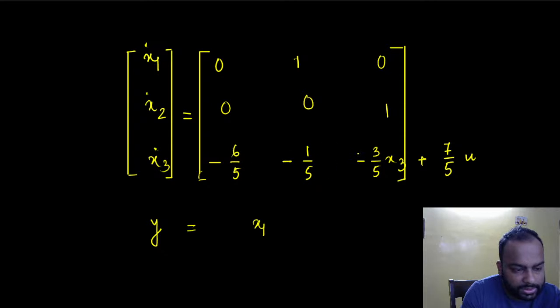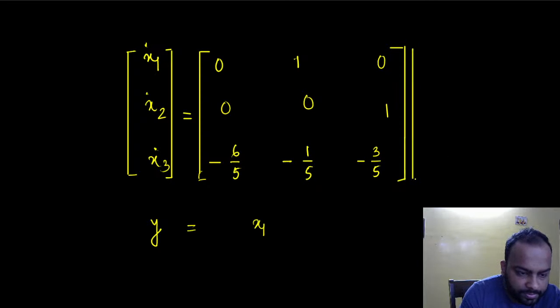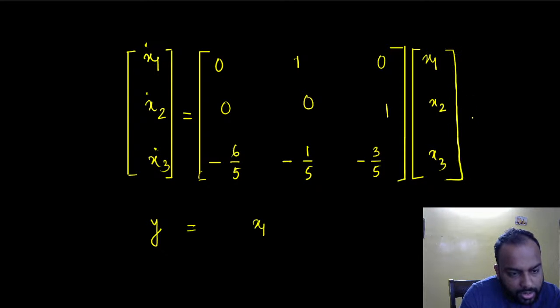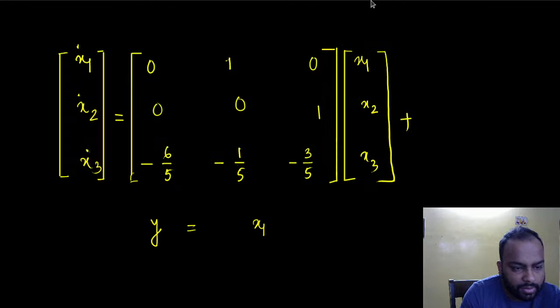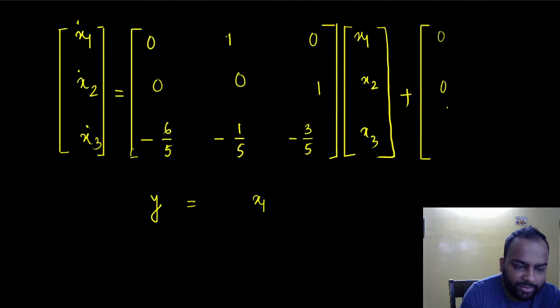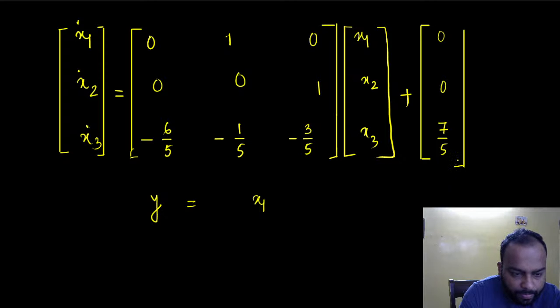So this, this, and this, that would be just x1, x2, x3, plus I would have 0 0 and 7 by 5 times u.